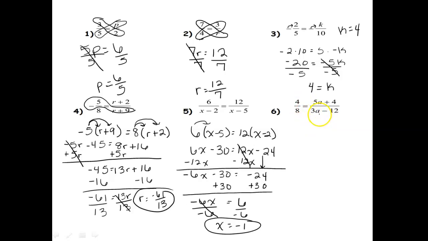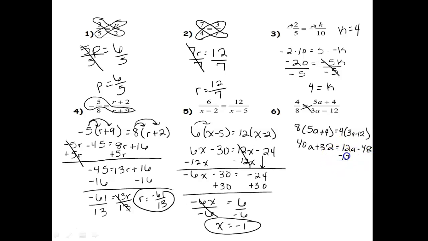4 times (3a minus 12) is equal to 8 times (5a minus 40). Let's see what we're doing. You cross multiply. So I have 8 times (5a plus 4) equals 4 times (3a minus 12). 40a plus 32 is equal to 12a minus 48.